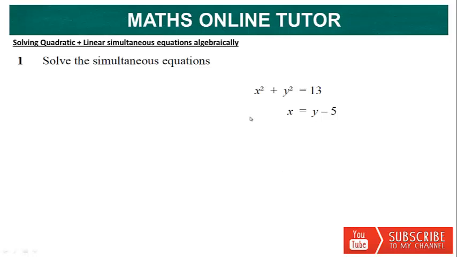In this example question, I have a quadratic equation and a linear equation. How do we find the solutions for x and y which satisfies both these equations? A quadratic equation means at least one of the terms with the letters have a power of 2. A linear equation means the powers must not be greater than 1.